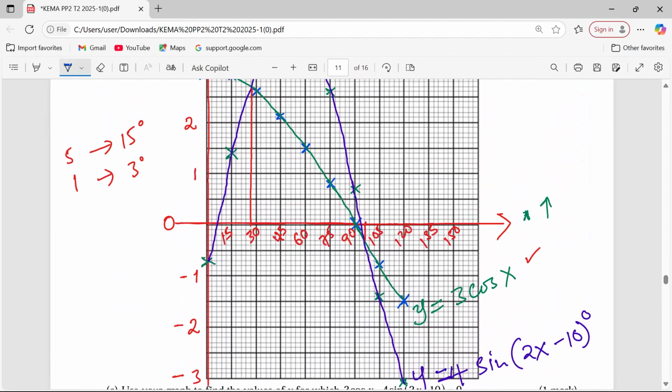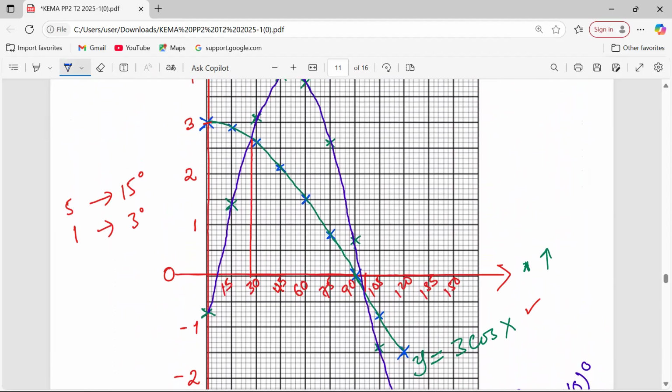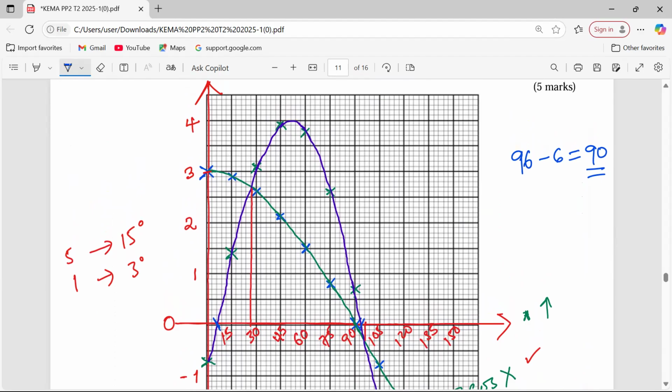So we can consider the second curve, from this point all the way until it is at the same point again. So you see that is from 6 all the way to 96. We are getting 90. So now that we are getting 90, we are supposed to know that this is half of a complete cycle.